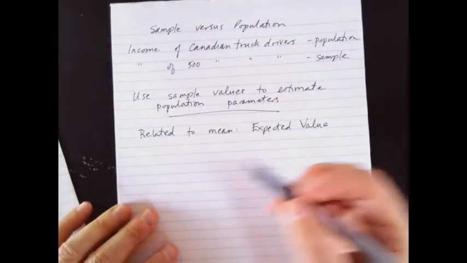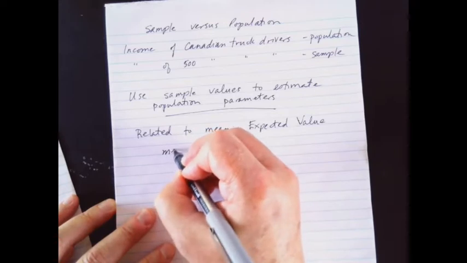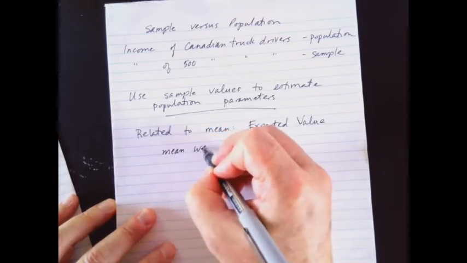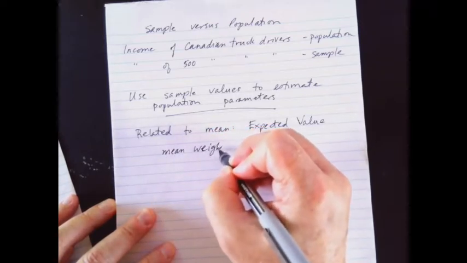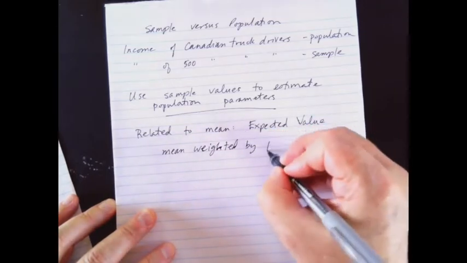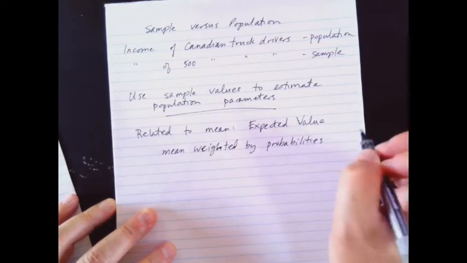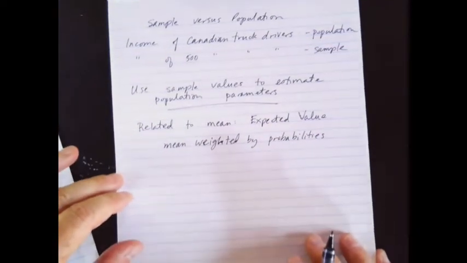So what is the expected value? It is the mean weighted by probabilities. So it's best to explain this with an example.